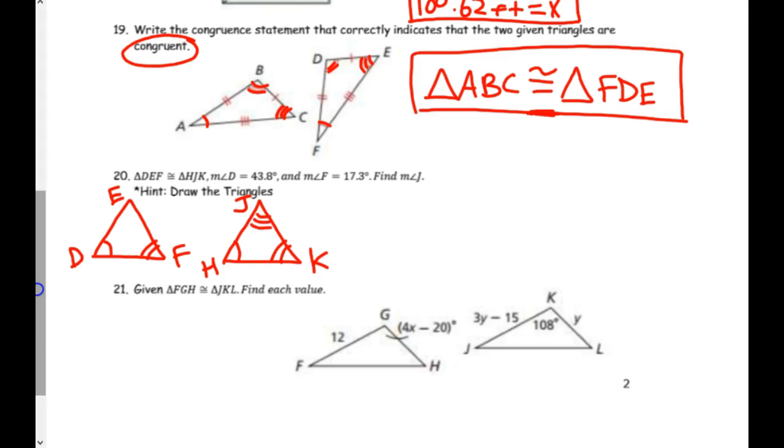So we know that D and F. Okay, so we got 43.8. We got 17.3. So I need to figure out E. If I can figure out E, I know J is the exact same thing. So let's take the two angles I know, D and F, and add them up. 43.8 plus 17.3.